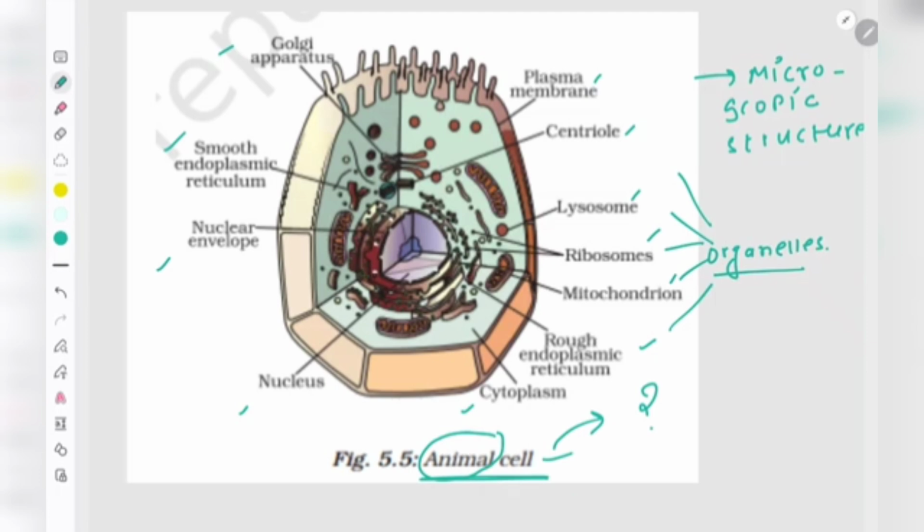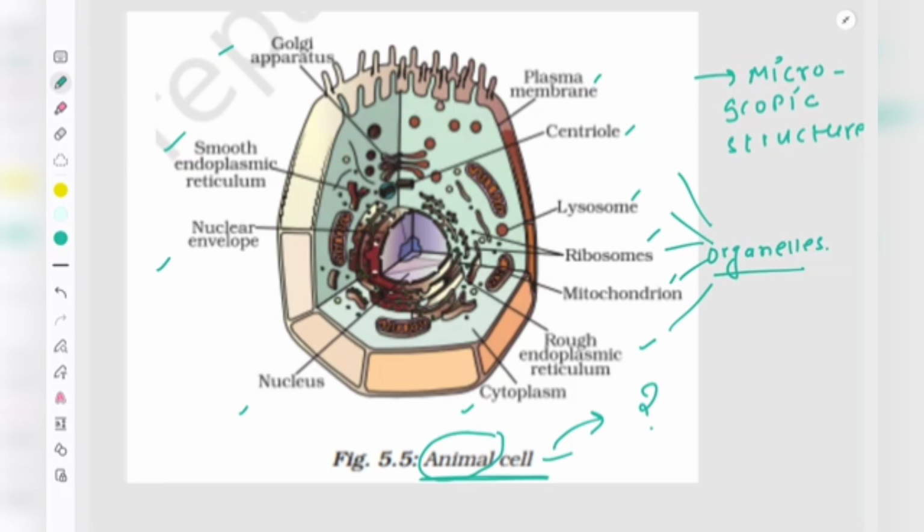So now you have to understand that in our cell we have different types of compartments, you can understand it like this. Let's talk about your school. School is your entire premises. But inside your school you must have a principal's office, your classroom, your ground, your play area.